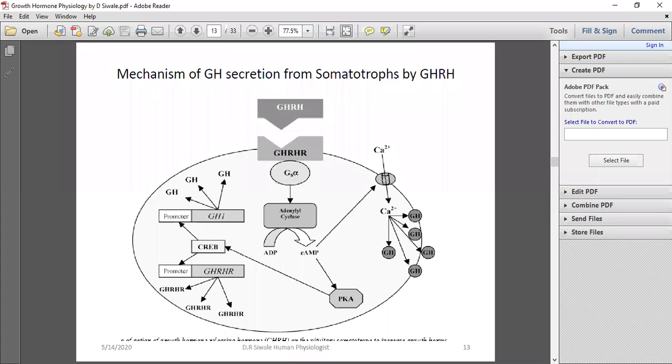Okay, it acts on the voltage sensitive calcium channels so that calcium starts entering the cell. And when calcium enters the cell, it will react with the growth hormone containing vesicles, the vesicles that contain the growth hormone, and it will trigger exocytosis.